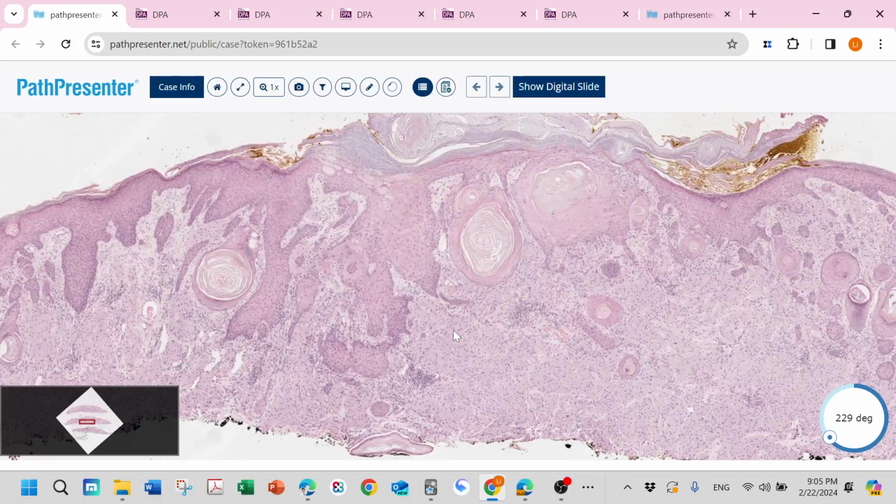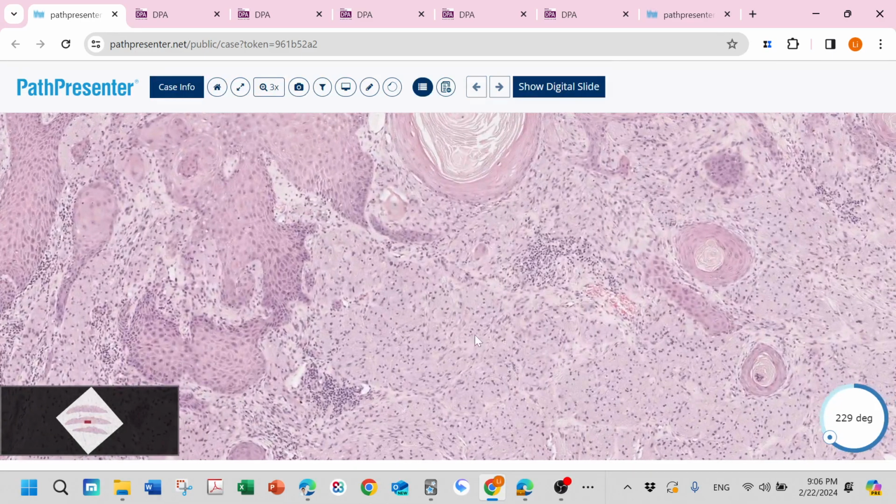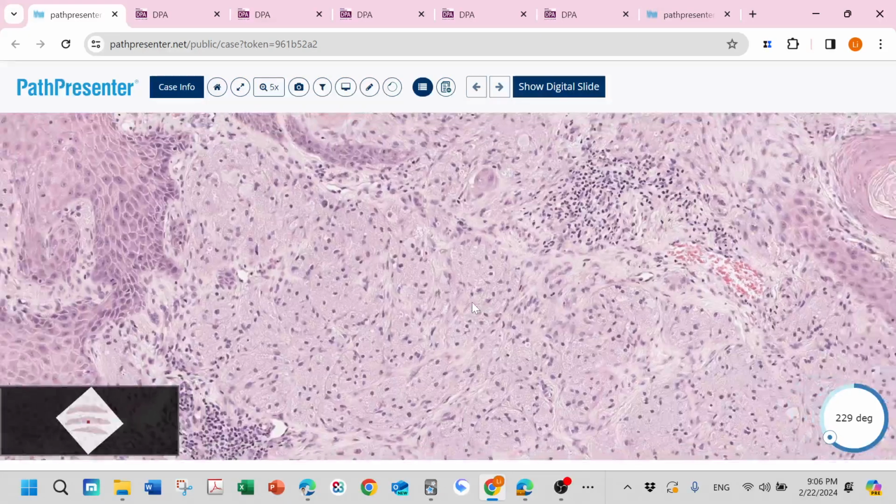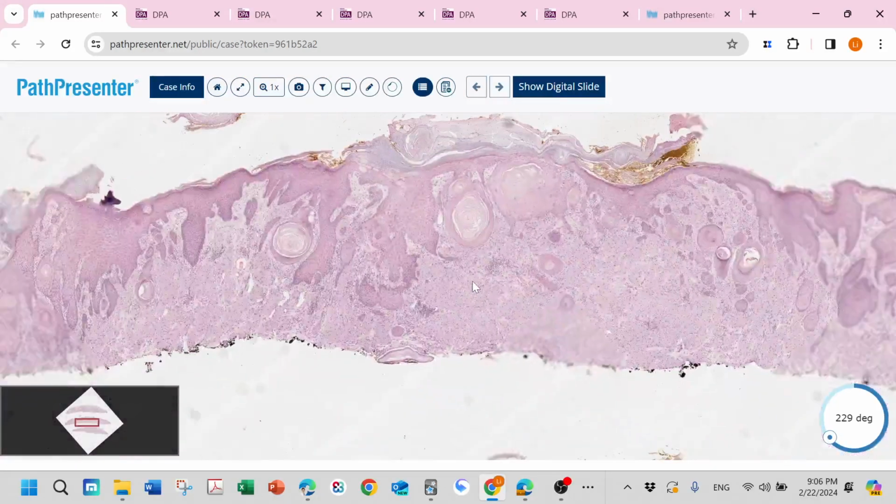However, in the gingival type, you may find both of these markers are negative, and also in the congenital type or non-neural differentiated granular cell tumor, you may find S100 and SOX10 negative. But the H&E features will still give you the diagnosis of granular cell tumor.